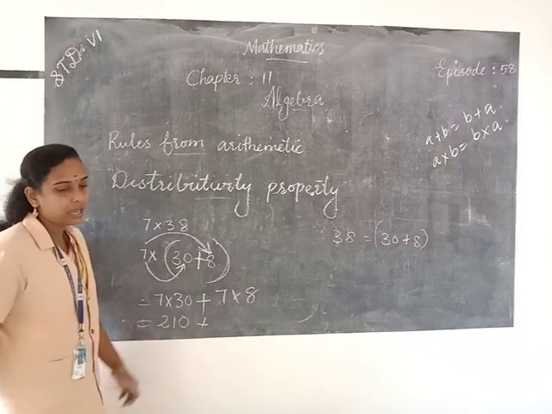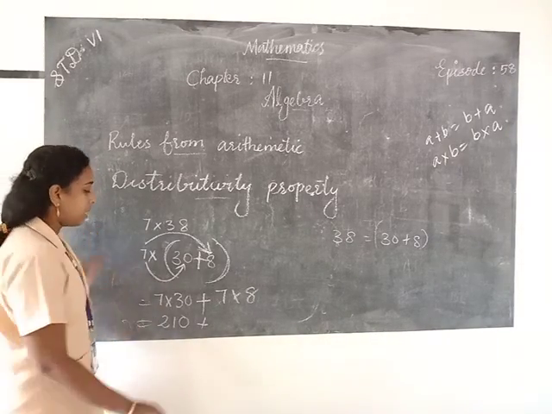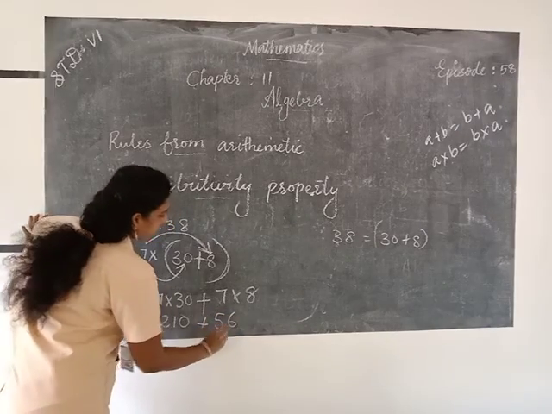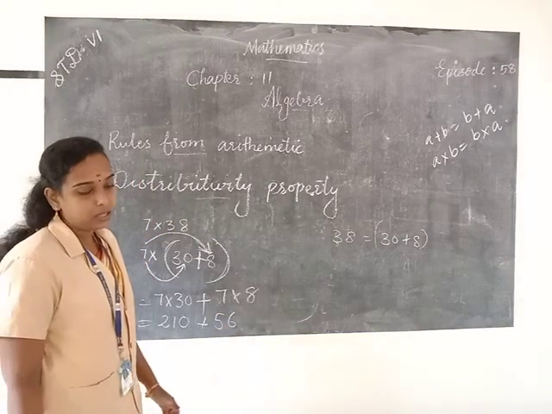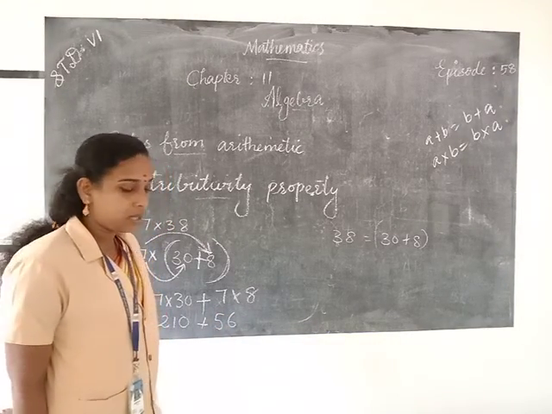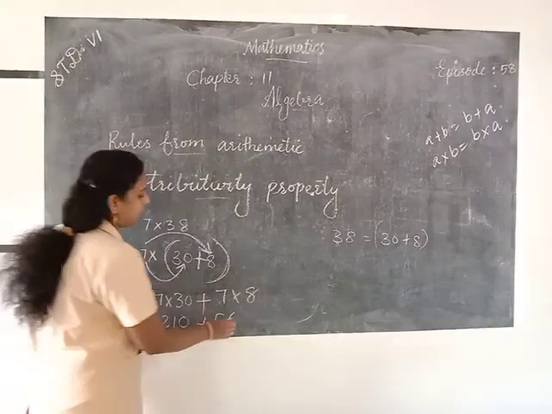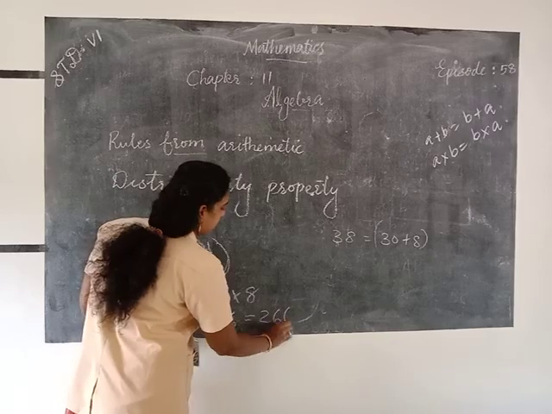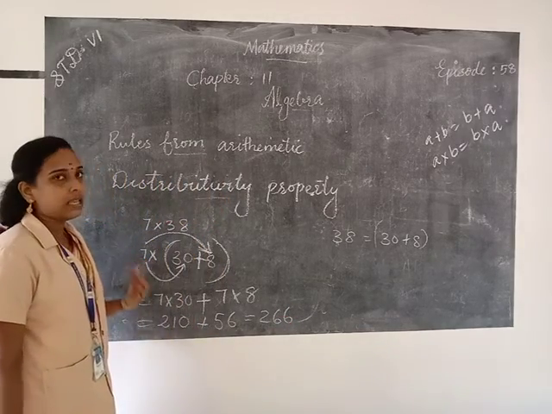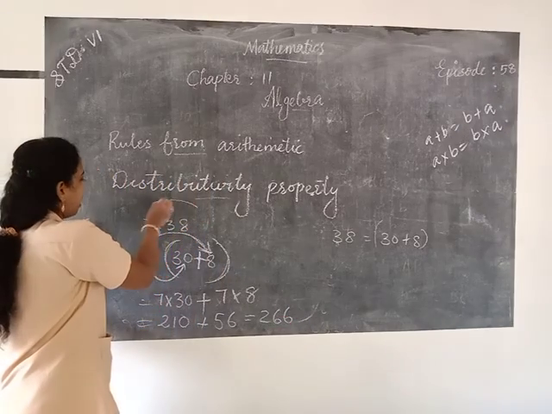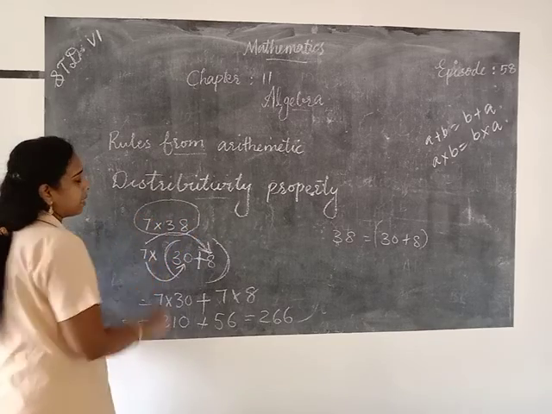Then 8 7s are 56. Then we get the answer 210 plus 56 is equal to 266. So in this way we can calculate the multiplication of numbers like this.